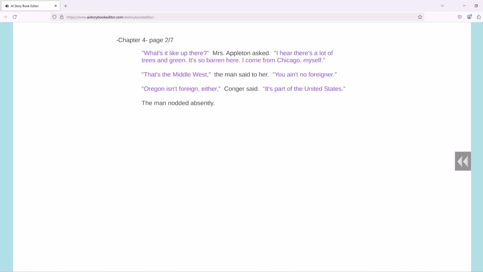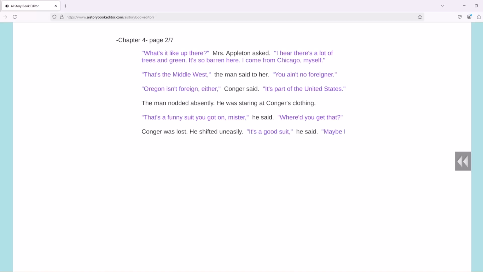The man nodded absently. He was staring at Conger's clothing. "That's a funny suit you got on, mister," he said. "Where'd you get that?" Conger was lost. He shifted uneasily. "It's a good suit," he said. "Maybe I better go some other place if you don't want me here." They both raised their hands protestingly. The woman smiled at him. "We just have to look out for those Reds.